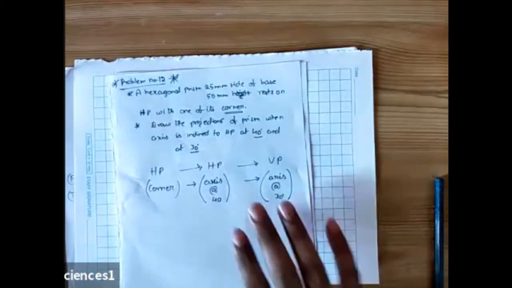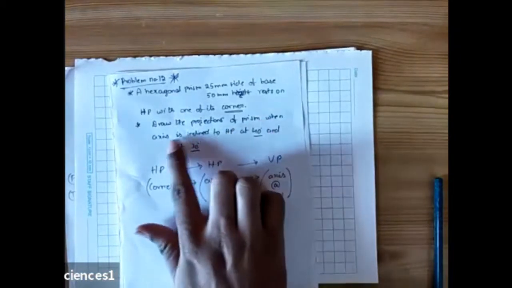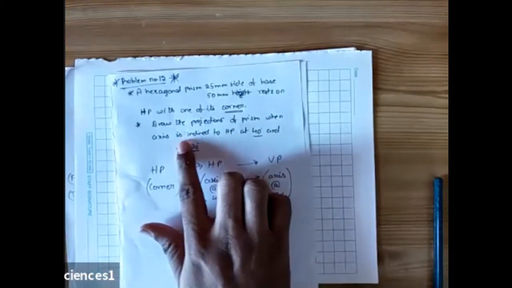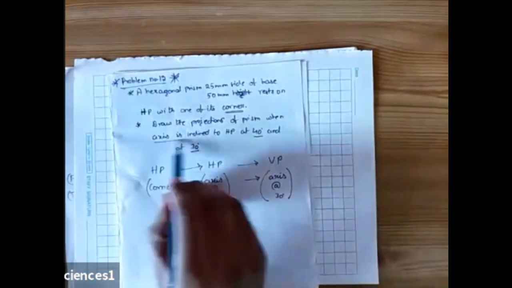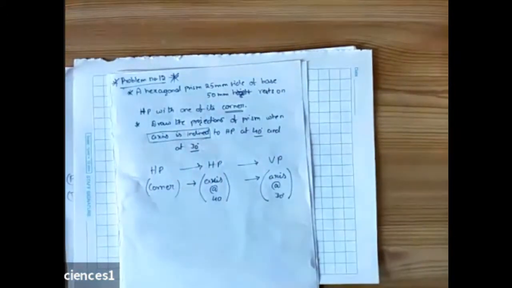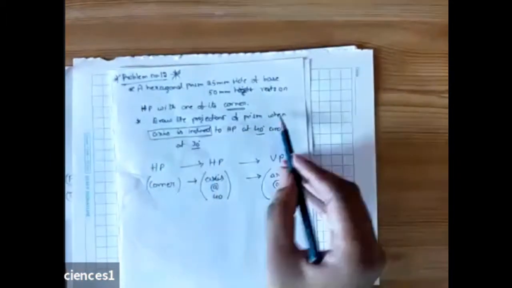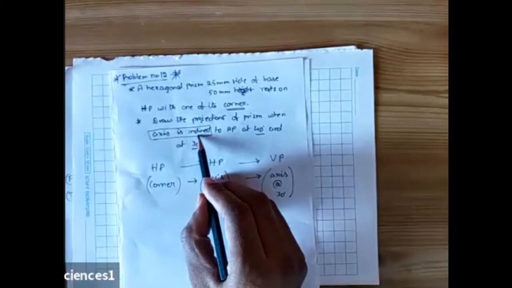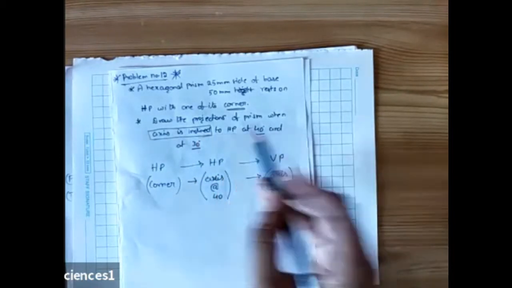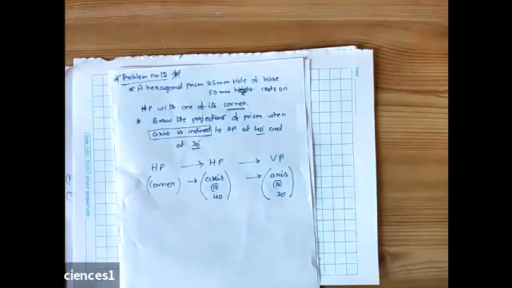Coming to the second condition: draw the projections of the prism when the axis is inclined. I told you when you come across this word, axis is inclined, then it is an apparent inclination problem. When the axis is inclined to HP, previously we had done the pentagon, the same condition.